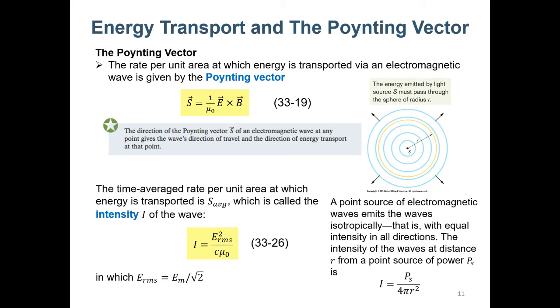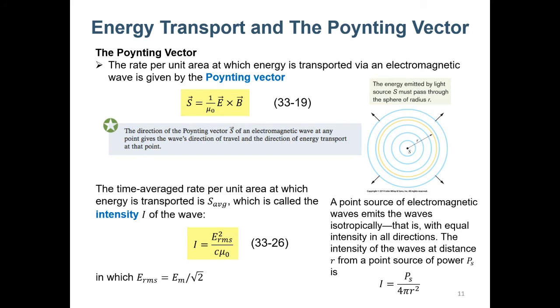The intensity of the wave at distance r from a point source of power Ps, and I is called the intensity. So I is Ps over the area, where Ps is the power through a given surface. Suppose at time t equals t0, it propagates to this circle, and the next moment it propagates to here.